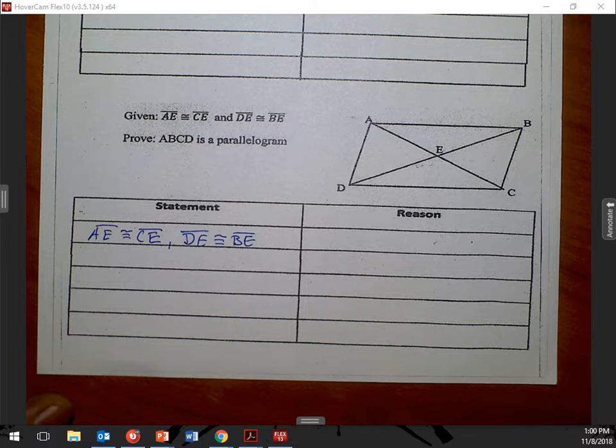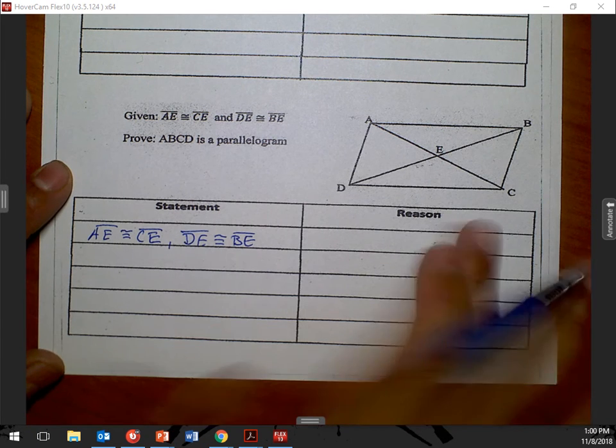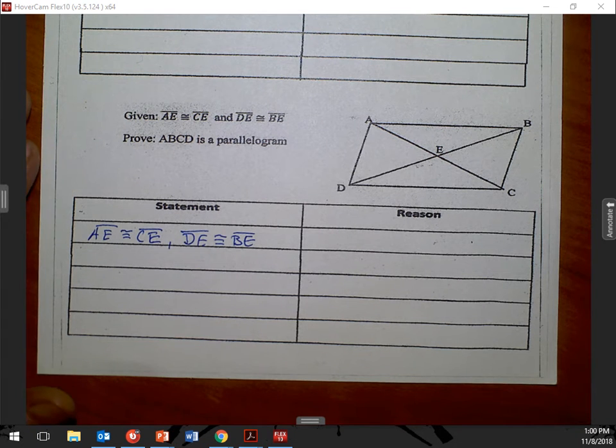Before I go too far into this, if you look at your two-column proof, put the what? Tick marks. Arrows are for parallel, tick marks are for congruent sides.